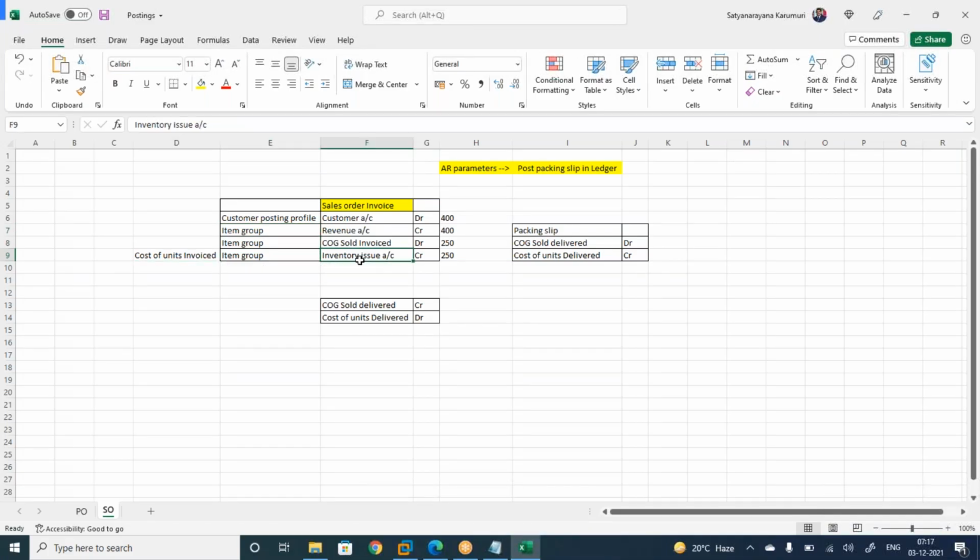Actually, it is the inventory issue. At the time of packing slip, if you want, you can post COG delivered instead of COG invoiced, and cost of units delivered here. These two accounts are there.